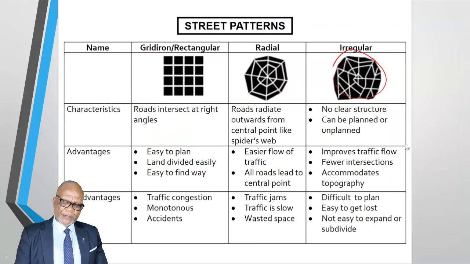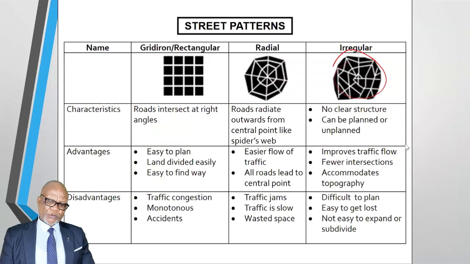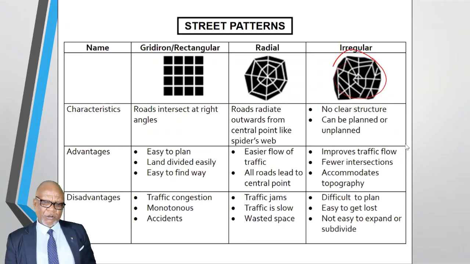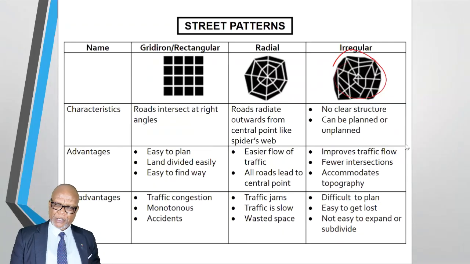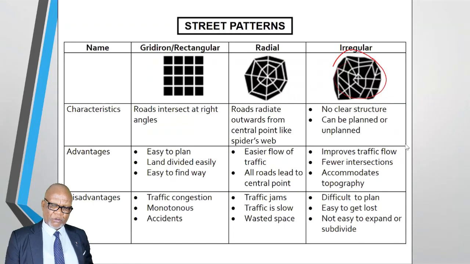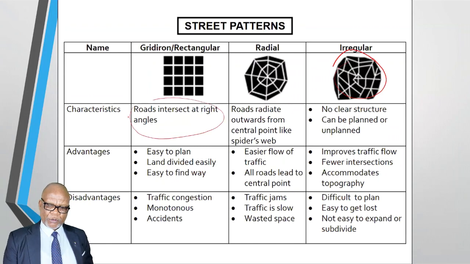Now, let's start first with the characteristics of grid iron pattern. We have main patterns, which is a grid iron or rectangular pattern, radial pattern, and irregular pattern. So what are the characteristics of these patterns? With grid iron, the roads intersect at right angle.